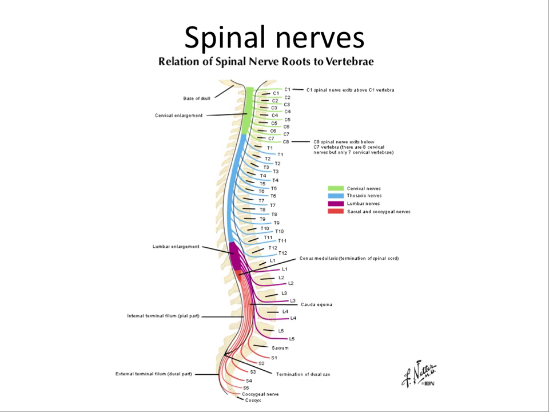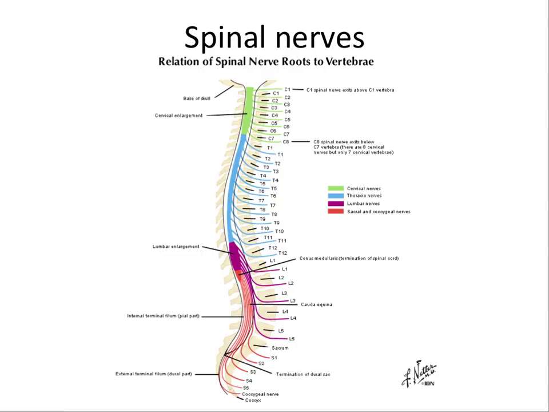Superior to the C7 vertebra, we have the C7 spinal nerve, and inferior to C7, we have the C8 spinal nerve. Now, inferior to the C8 spinal nerve, all of the spinal nerves exit inferior to their named vertebra. So we have T1 vertebra here, and then we have T1 spinal nerve coming inferior. And likewise, all the way down for the remainder of the spinal canal, we have that arrangement.